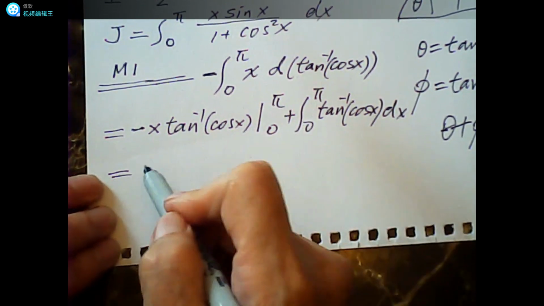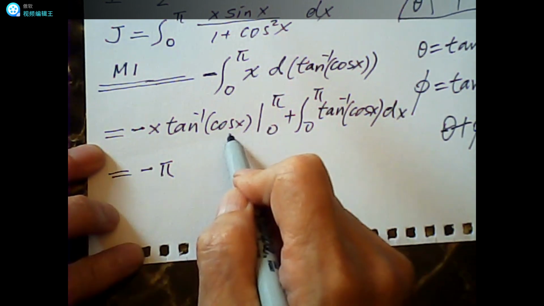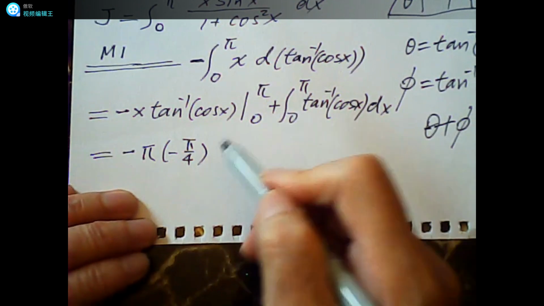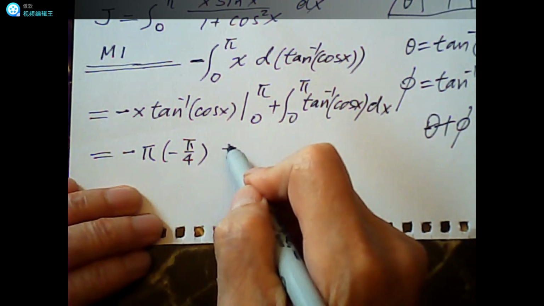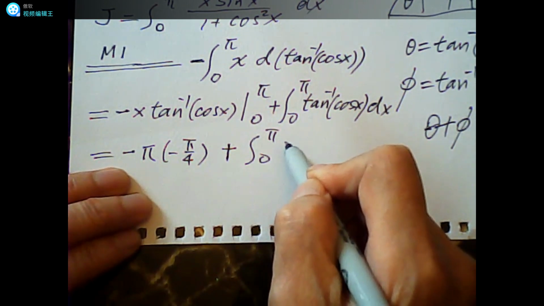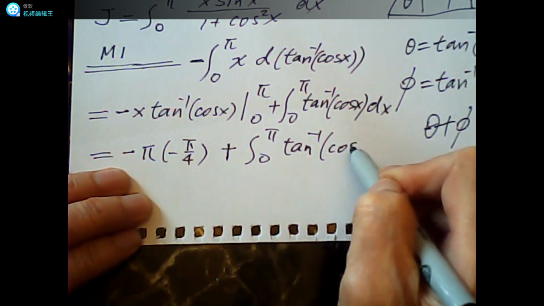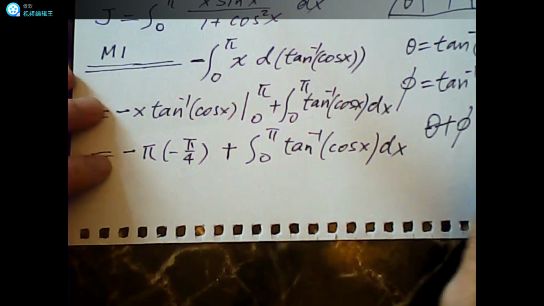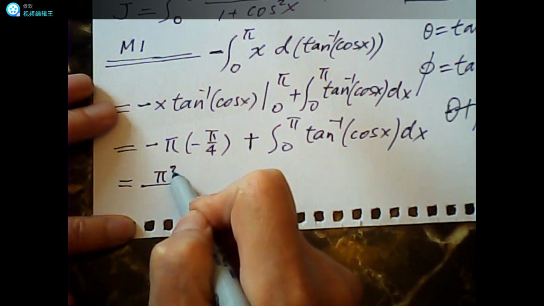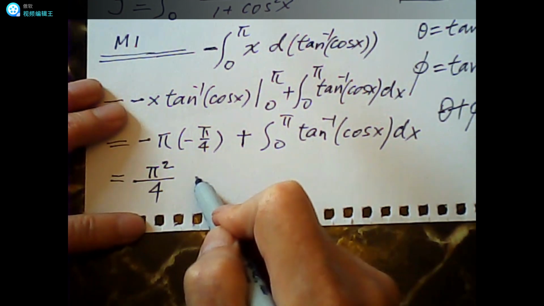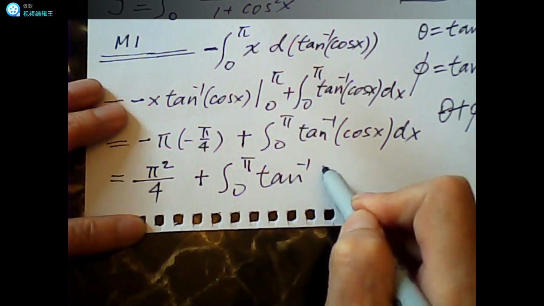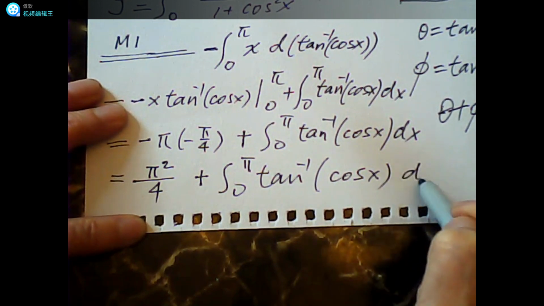Okay, this one is equal to negative pi times negative 1 is a negative quarter pi, and minus 0; 0 is gone, plus this arctangent cosine x dx. So it becomes pi square over 4, right? Plus this arctangent cosine x dx.